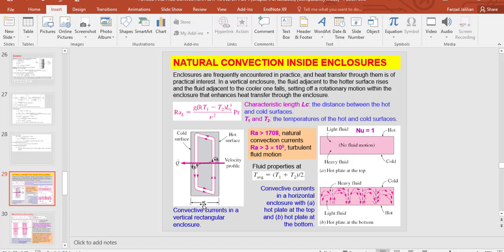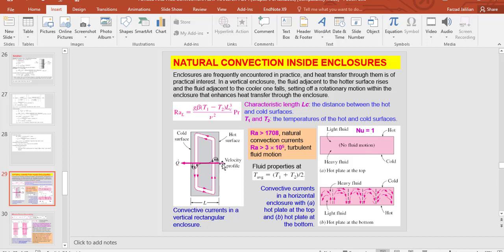And as I told you, the reason for the buoyancy force is this force. So we usually should know the orientation of the enclosure against the ground or horizontal line. We should know how its orientation is. It is effective on the forces on the fluid inside the enclosure, and it is also effective on its heat transfer.